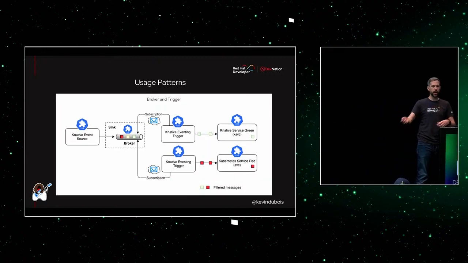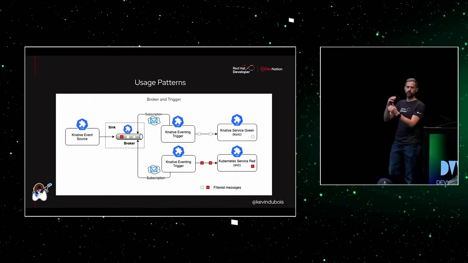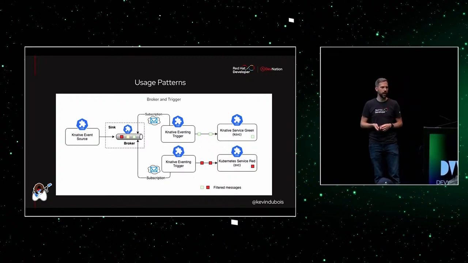So you can use a channel that's going to be able to send the traffic to different consumers if you want. There's also the concept of a broker and a trigger, where you can send events to different consumers and they can filter which events they're interested in or not.